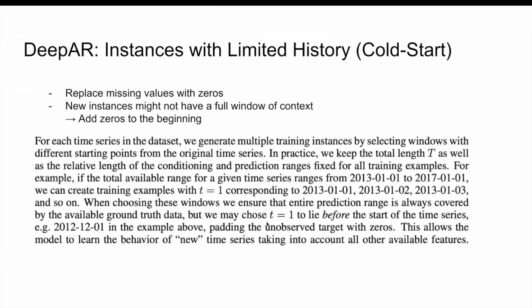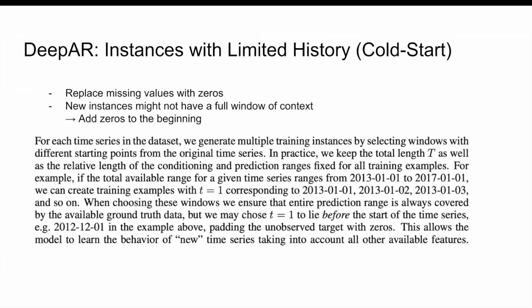Okay, so what this paragraph says is that during training, your first window that you sample, so recall that we always cut the data set into rolling windows, doesn't necessarily have to contain all the ground truths.